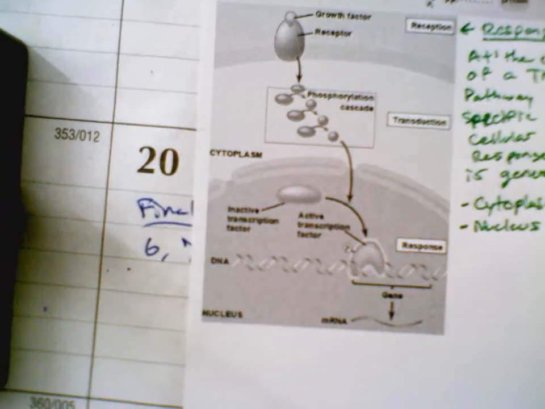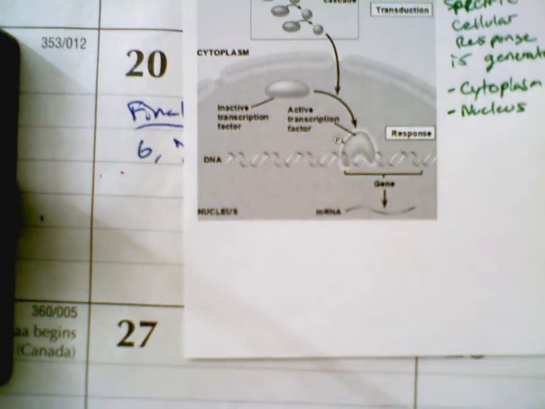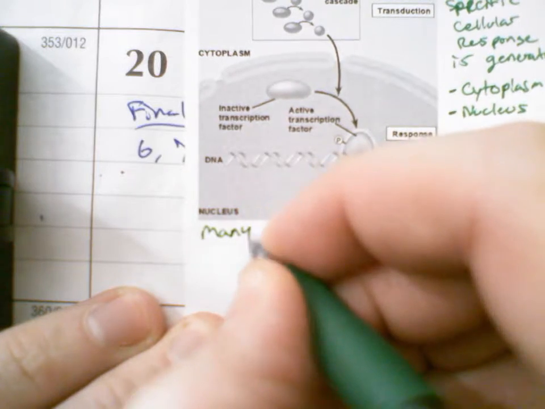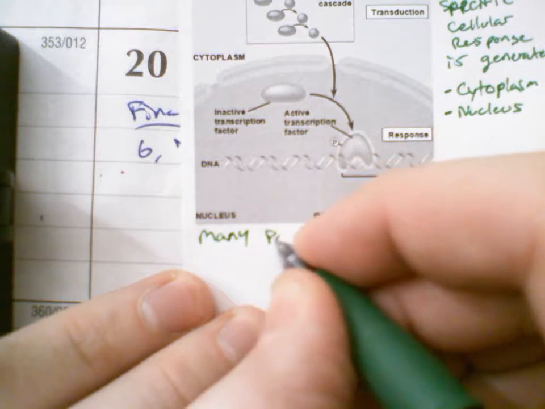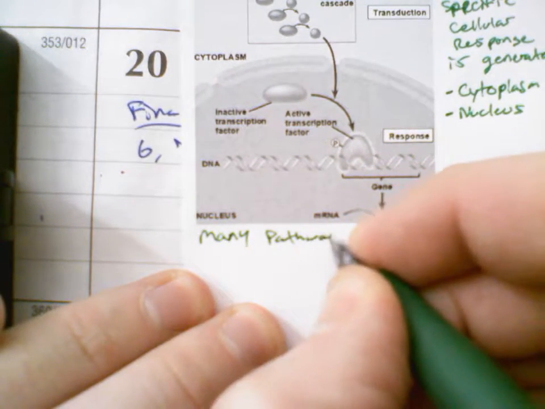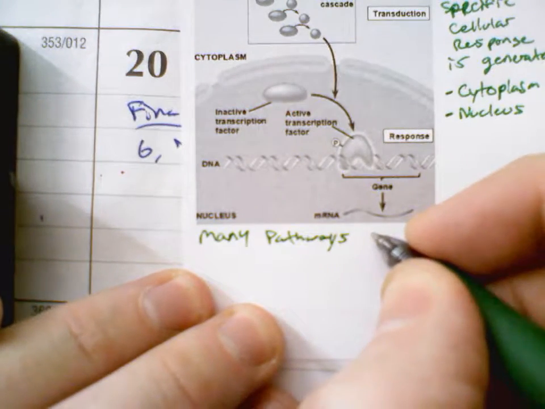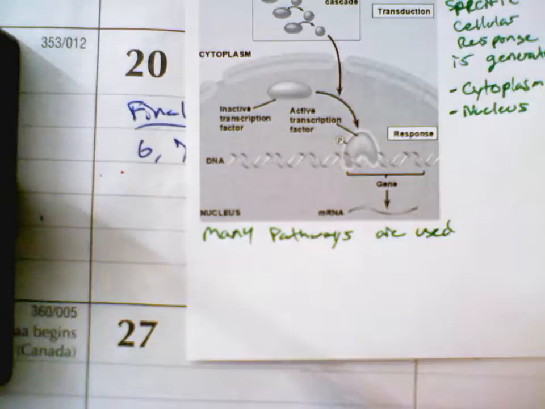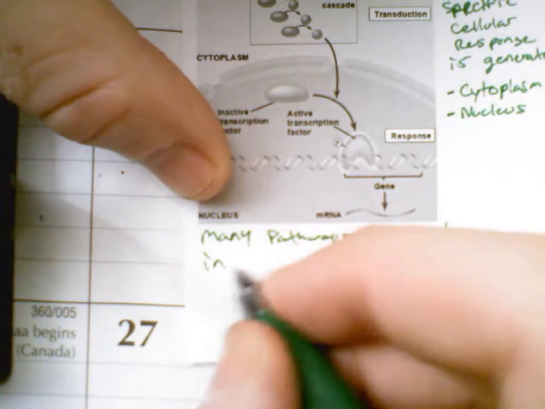Okay, so this diagram here, we're going to go just below it. Many pathways are used in gene expression.